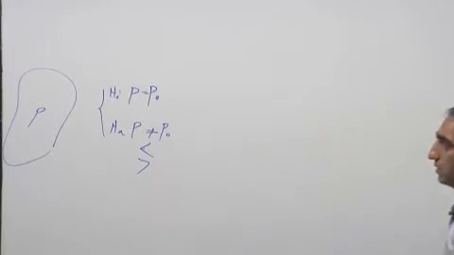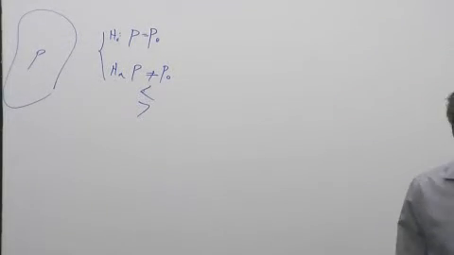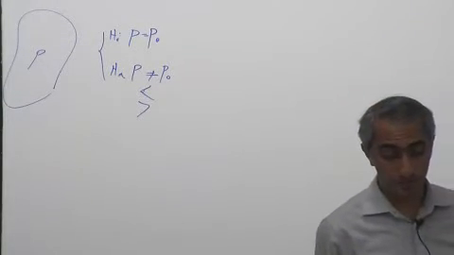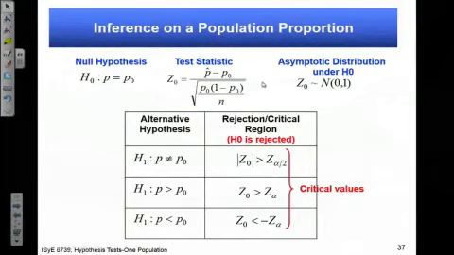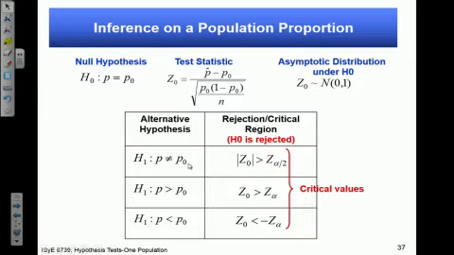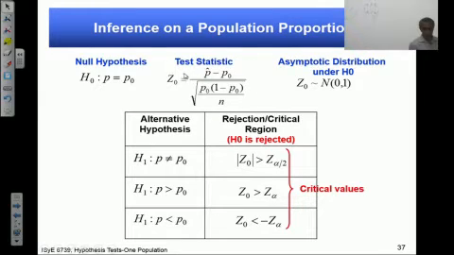Okay? And as you know, for large n, under H null, this follows a standard normal distribution. Therefore, we can use the set of equations that we used before for hypothesis testing on the mean of a normal distribution.